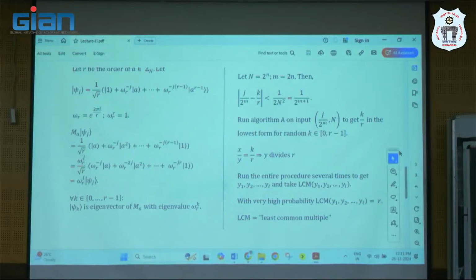Simon's also had a periodicity, no? Periodicity, cyclicity. You see how people put two and two together, how they connect things. The story is Peter Shor read that paper and got the inspiration.